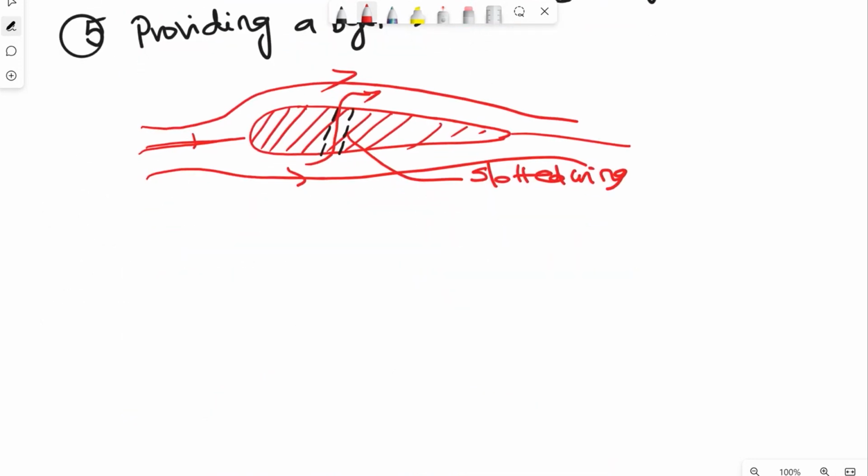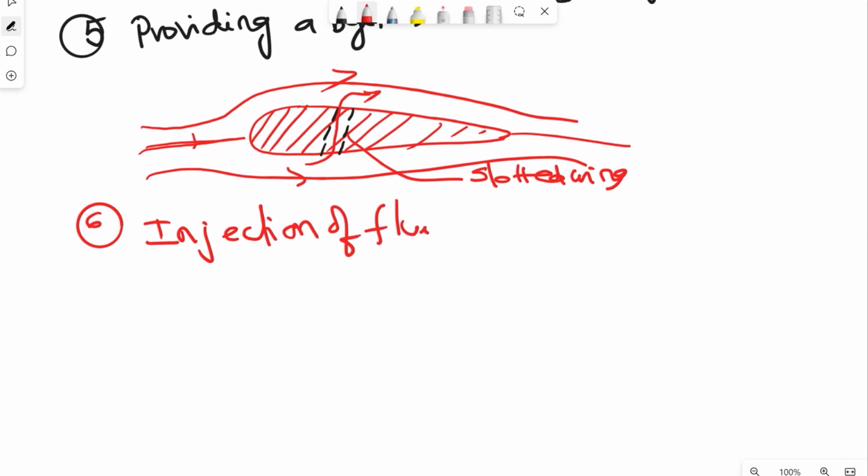Then you can have injection of fluid into the boundary. How to do it?